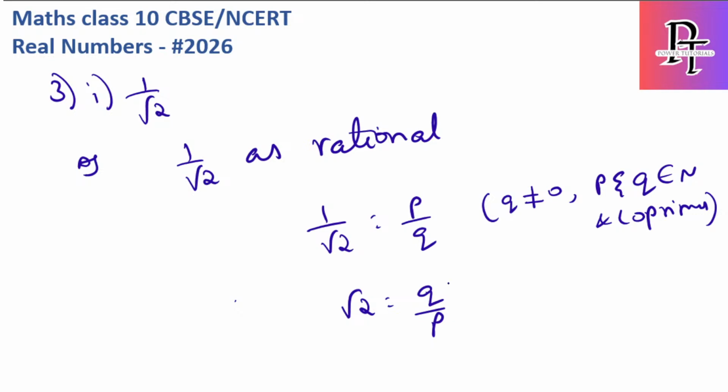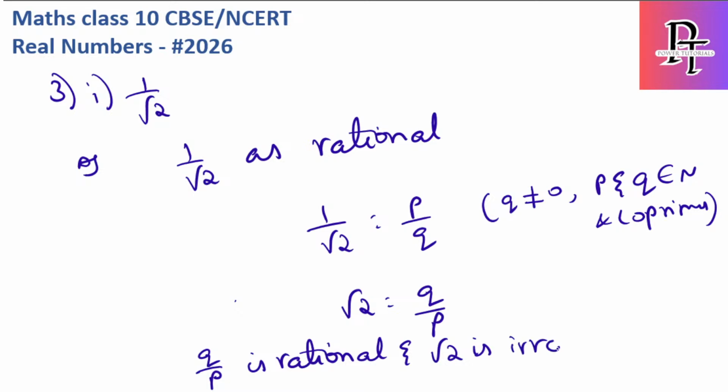Okay, this is easy. Now q by p becomes rational, but root 2 is irrational. So assumption is wrong. Therefore 1 by root 2 is irrational.